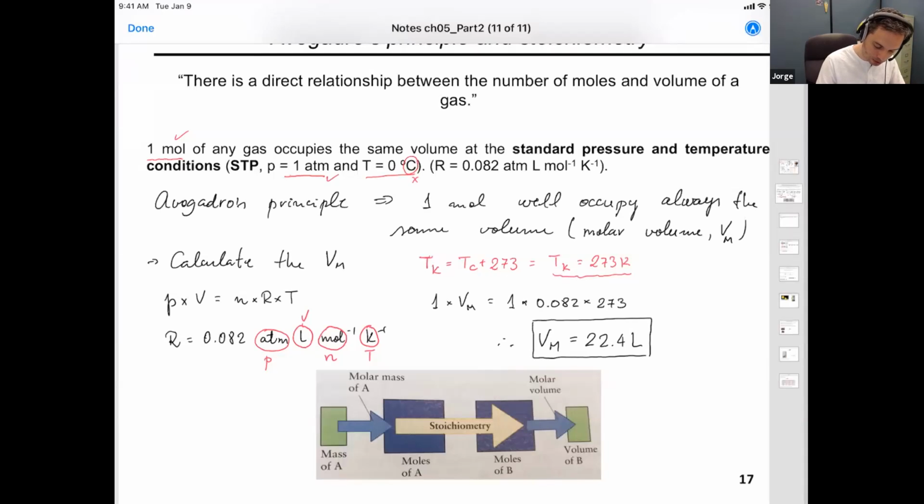So that's the volume occupied by 1 mole of any gas under the standard pressure and temperature conditions. Always under STP.